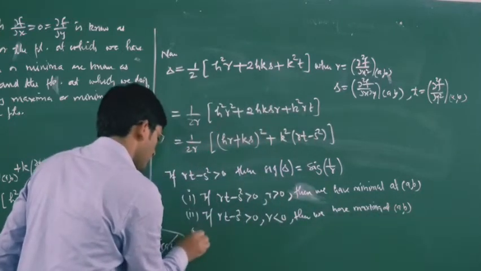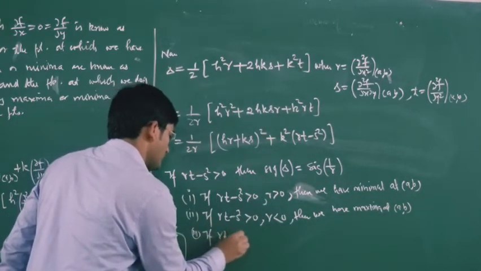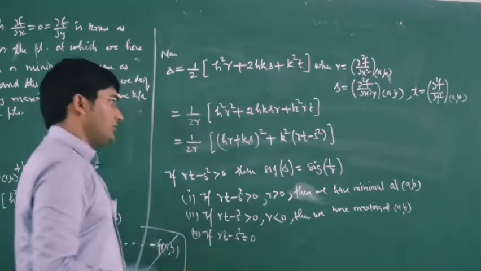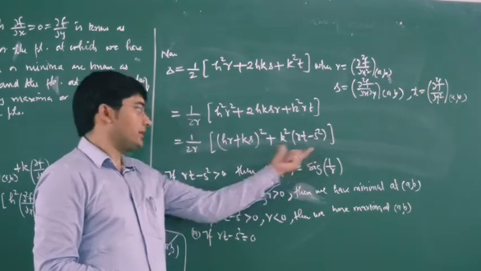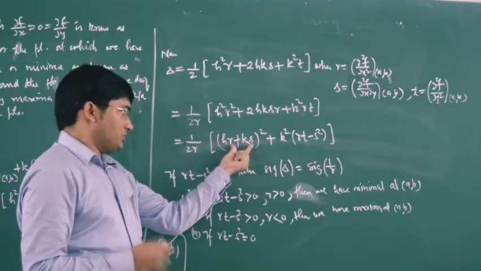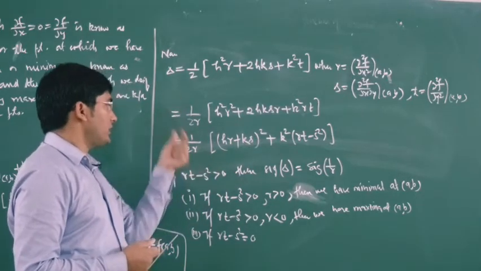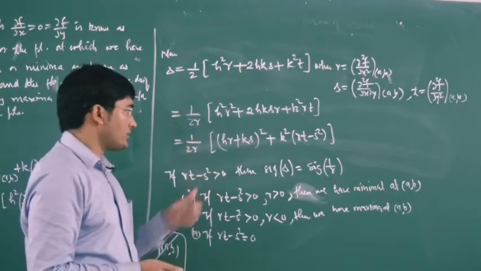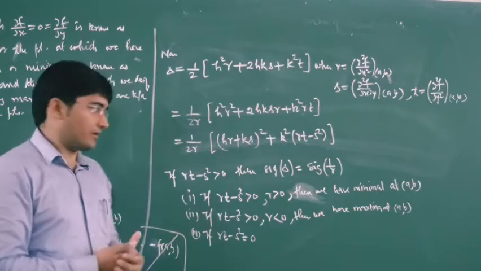And third, if rt minus s square is equal to 0, then the sign of delta will depend on the sign of r, but we cannot say what exactly the value of r is.